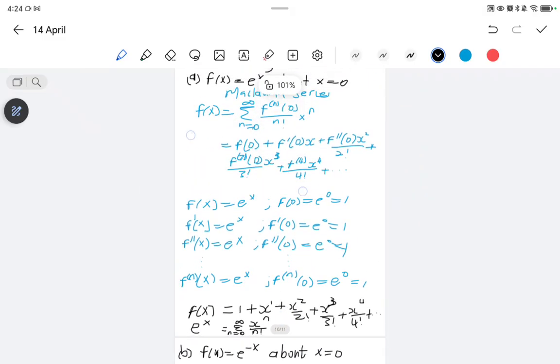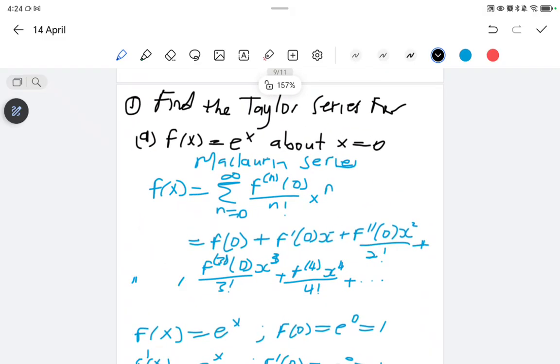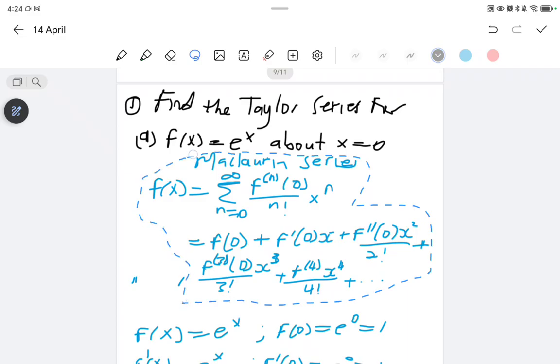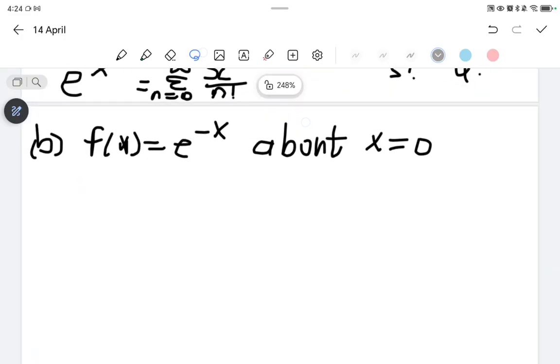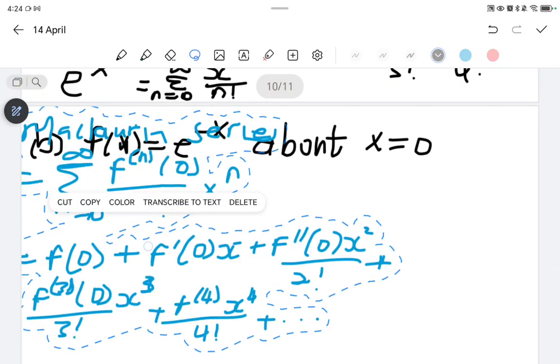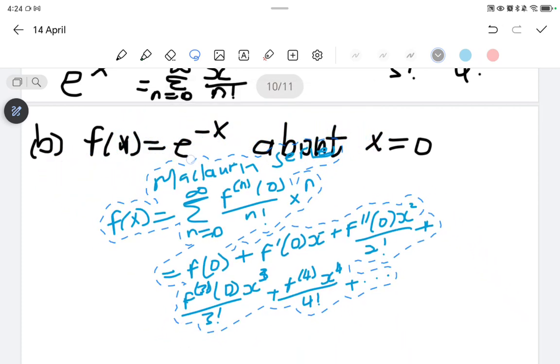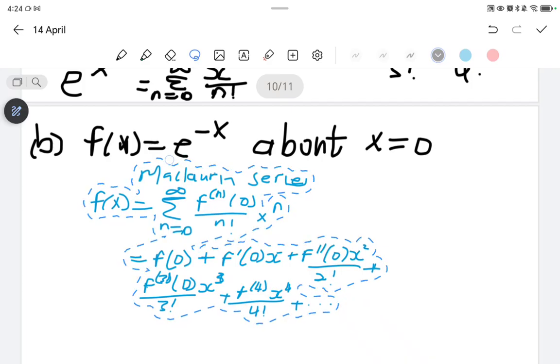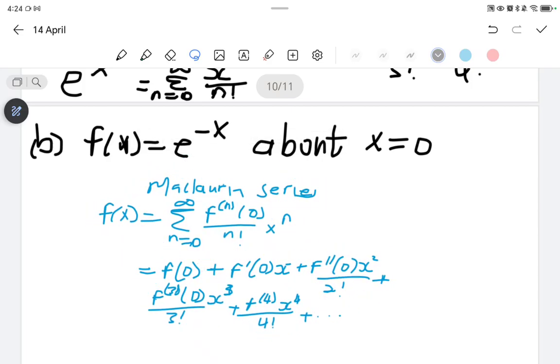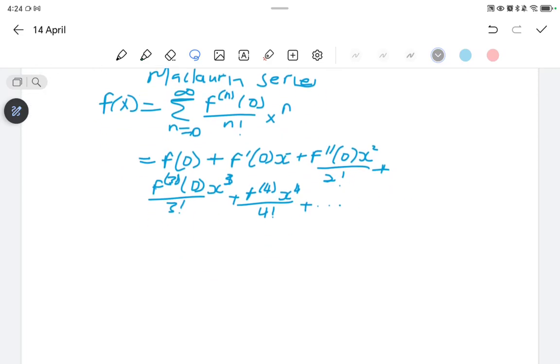So if it's about x equals 0, we know this is the Maclaurin series. So I know I need f of 0, f prime of 0, all that, right?